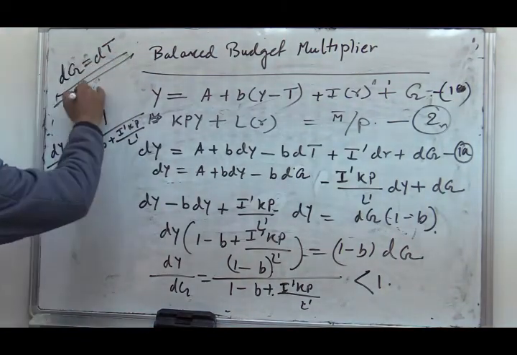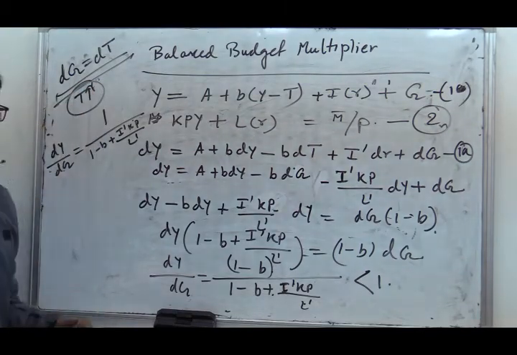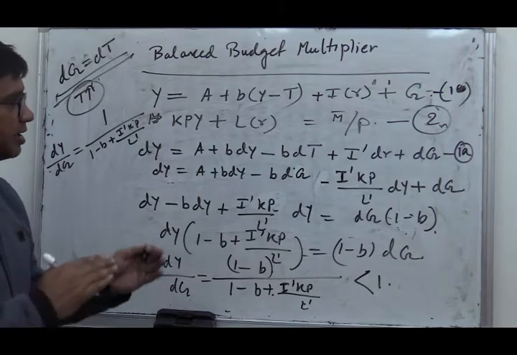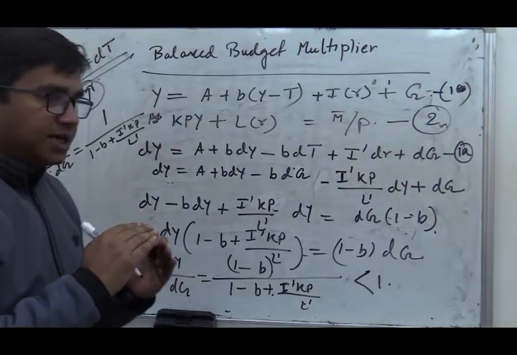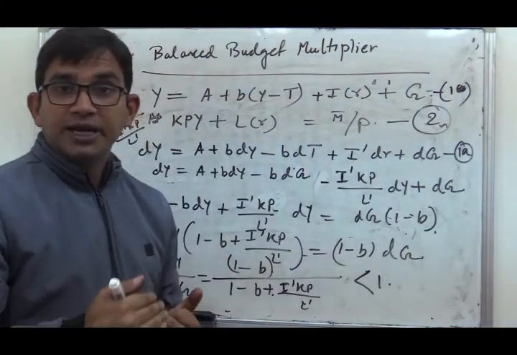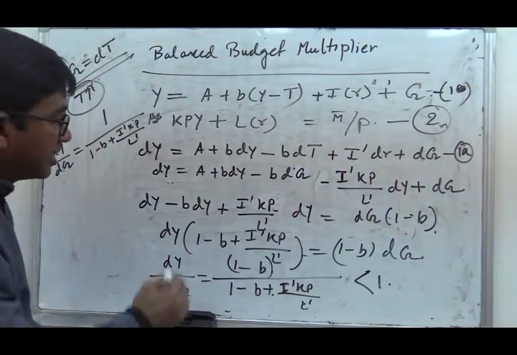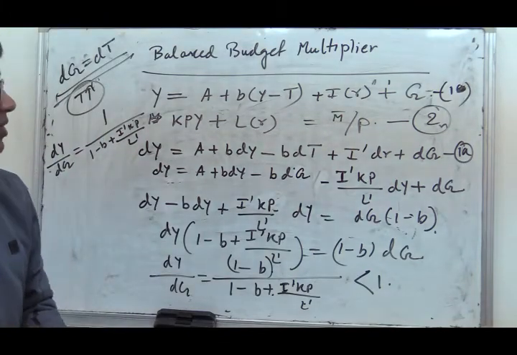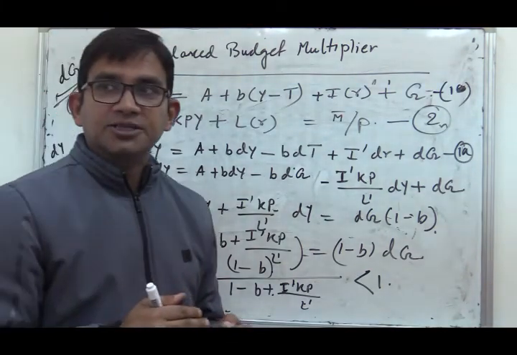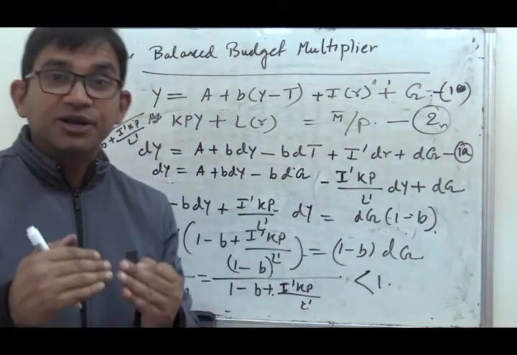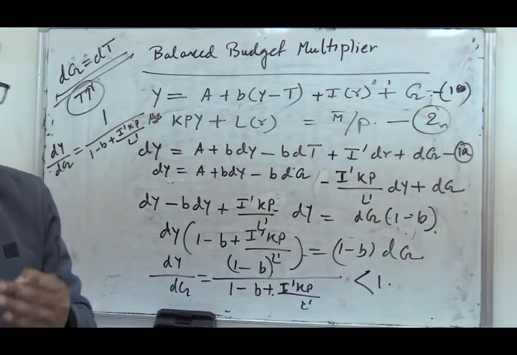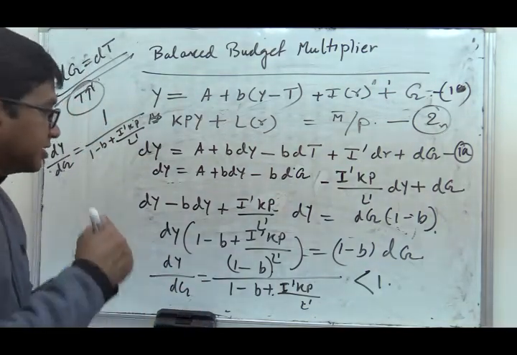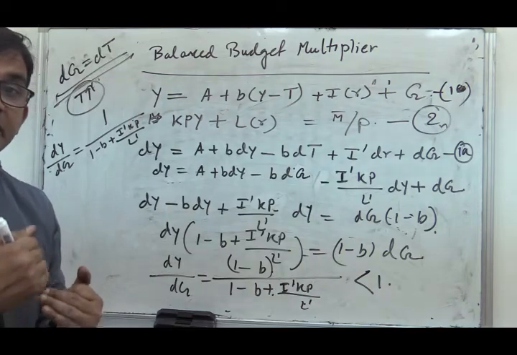If tax rises, we know that tax is always called a leakage. The increase in public expenditure directly boosts up the aggregate demand, but whenever tax is increased, that will reduce the disposable income of the consumers. So consumption is falling on the other side, and that will dampen the effect of the expansionary fiscal policy multiplier.